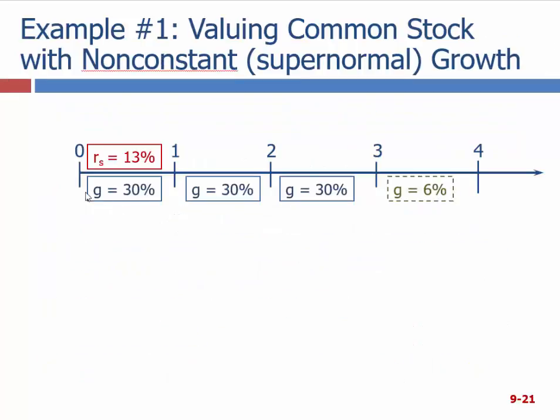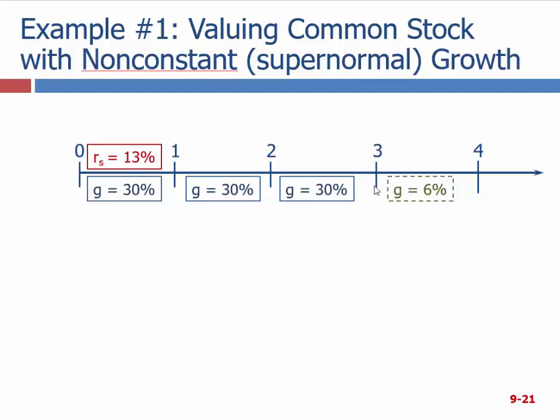We know that G will be 30% for the first 3 years. After this point, G will become constant. The rate of growth will become a constant 6%, and it will be less than the 13% discount rate.